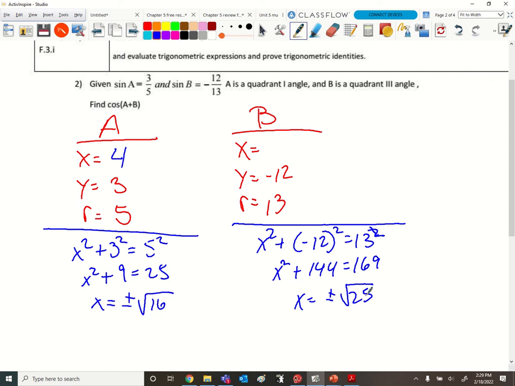And it says B is in quadrant 3. What do we know about the x value in quadrant 3? X value in quadrant 3 is negative. So it's going to be a negative 5. See what I did there? Negative 5.